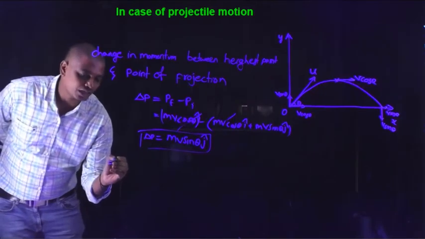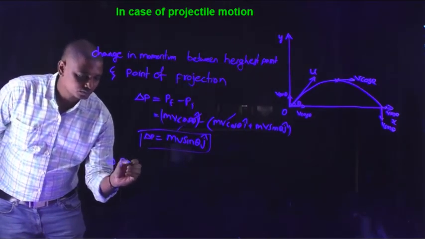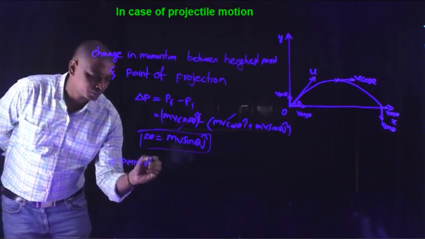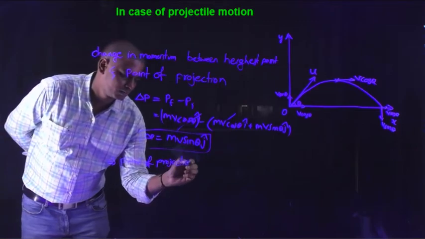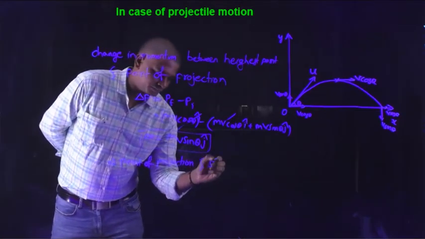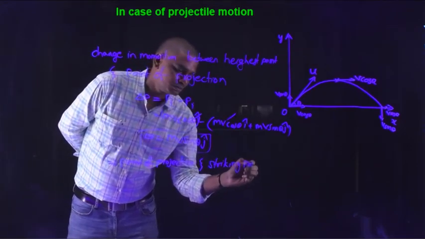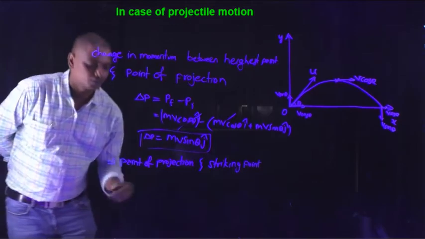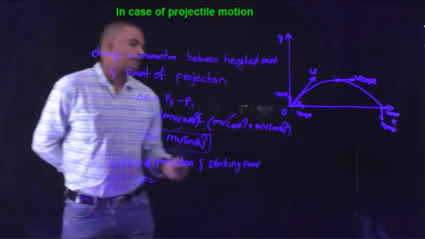Similarly, I need to calculate the change in momentum between the point of projection and the striking point. So change in momentum is equal to final minus initial.